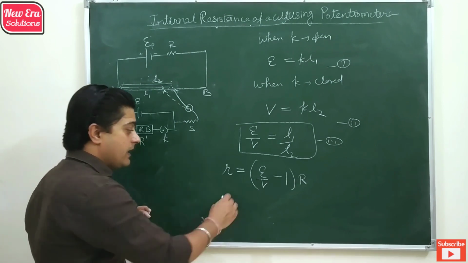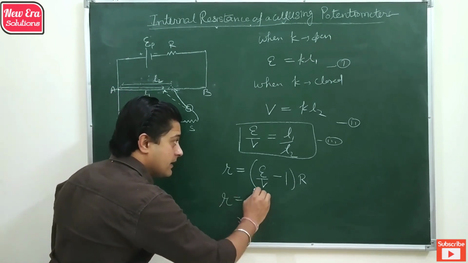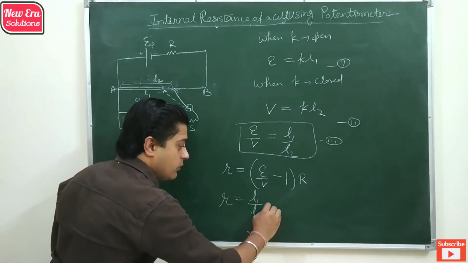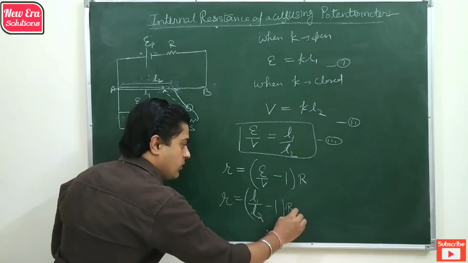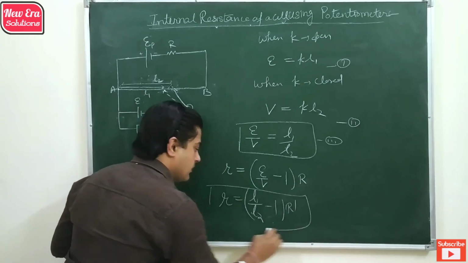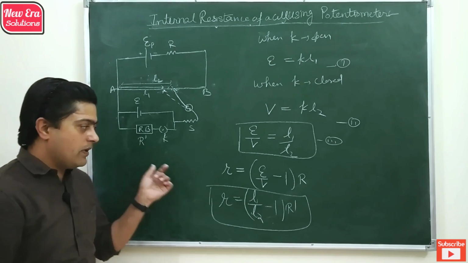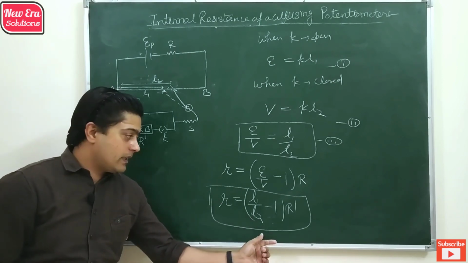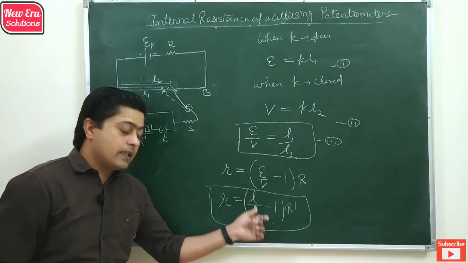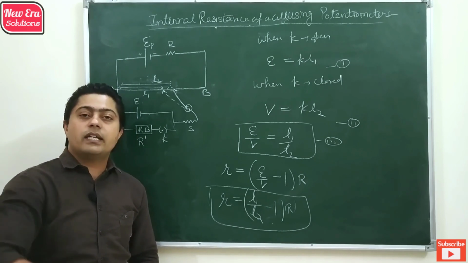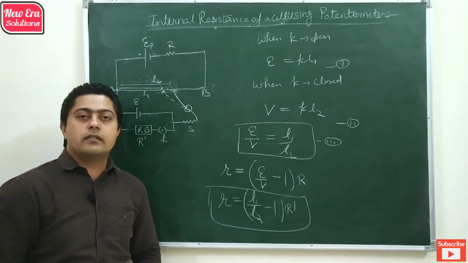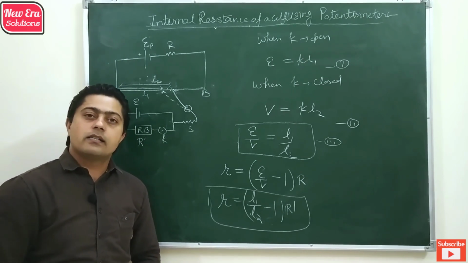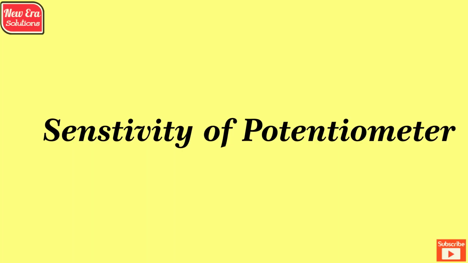So in our case, the internal resistance is (L1 by L2 minus 1) into R dash. As we know the value of the external resistance and the balance length in both cases, we can find the internal resistance of any cell.